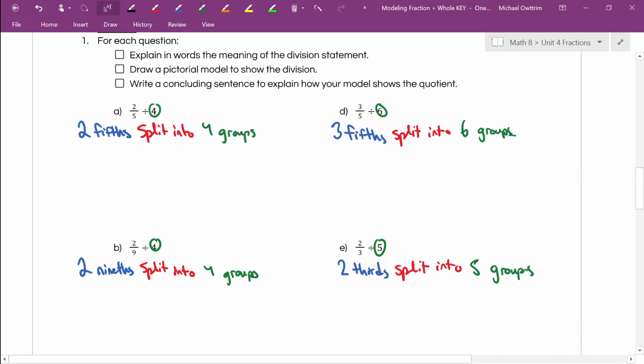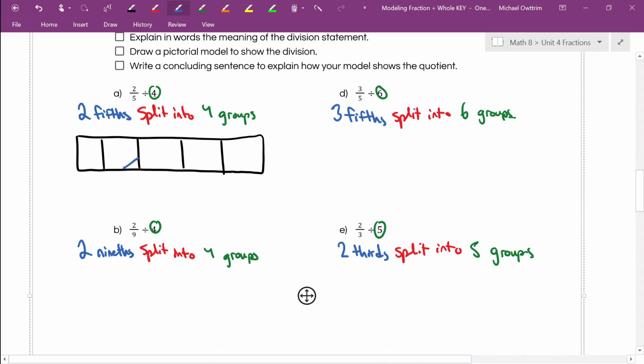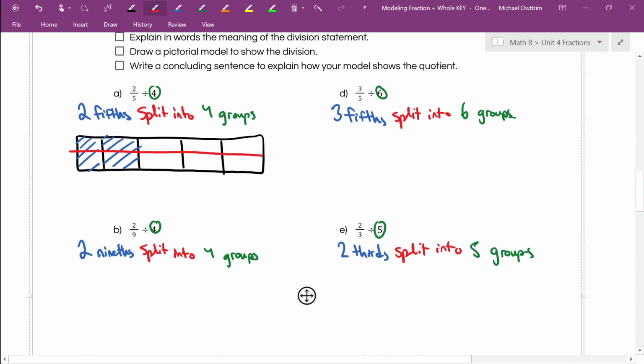So let's start by drawing our existing fractions. We're going to draw 2/5 to begin with. 1, 2, 3, 4 dividing lines make fifths. We have 2 of those. Now we want to split that into 4 groups. Another way of splitting is you could split horizontally. So let's draw a horizontal cut line through those.